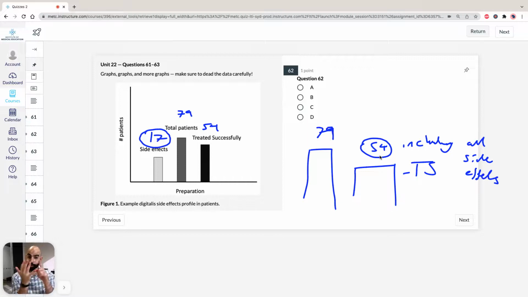That means the patients who don't have side effects and who weren't treated successfully are going to be in between 79 and the 54. So you just have to subtract them. We know therefore there's 25 patients who weren't treated successfully and who did not have side effects. So the answer for 62 has to be B.